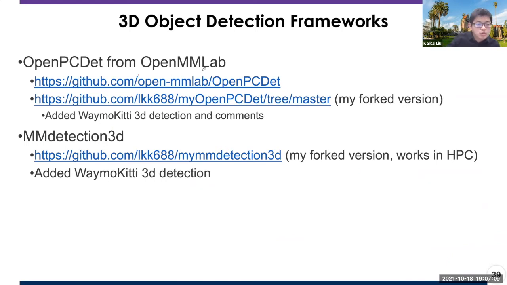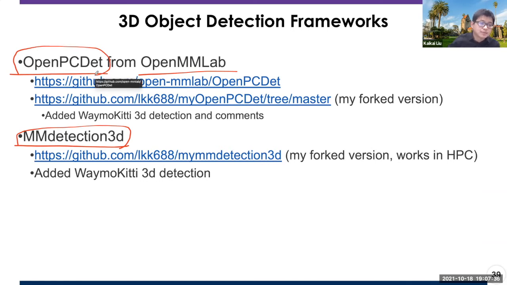They try to propose generalized 3D detector frameworks. In 2D detection, we know MMDetection. The same lab also has MMDetection3D, and they also have OpenPCDet. Similar to Detectron2 and MMDetection for 2D, these are two general frameworks for 3D detection. That's why we base our work on these two codebases.